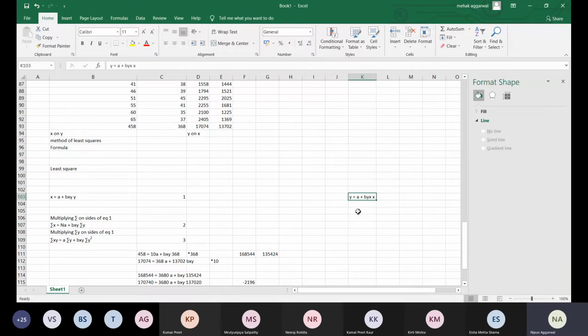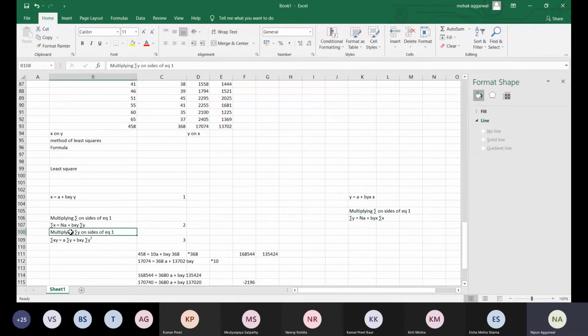Now again multiplying sigma on both sides, the first equation can be found by multiplying sigma on both sides. So this equation becomes summation y is equal to na plus byx summation x.